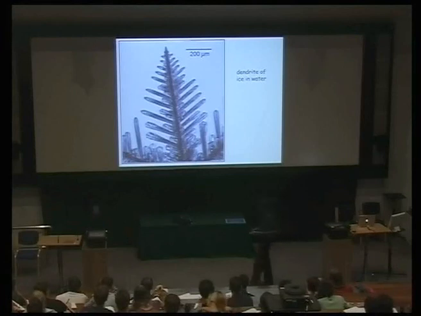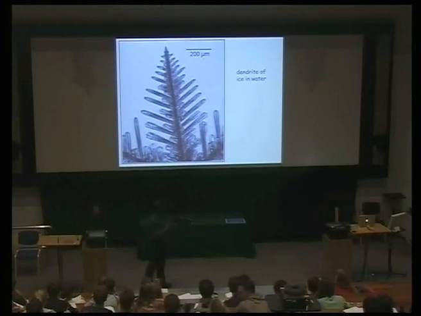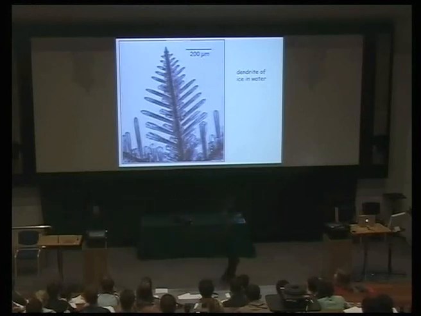And this is a dendrite of ice that is forming in water. Of course, we are discussing pure systems at the moment, and water is water. And this is a dendrite of ice that is growing in water. It's really quite beautiful in 3 dimensions. There's a whole book published called Snow and Ice Crystals with incredibly beautiful pictures of dendrites.